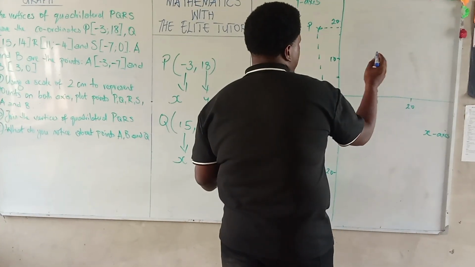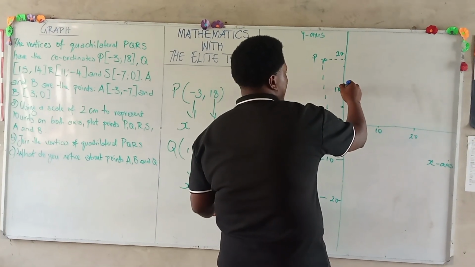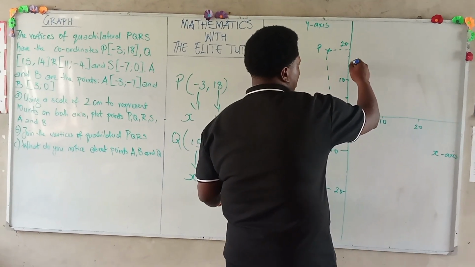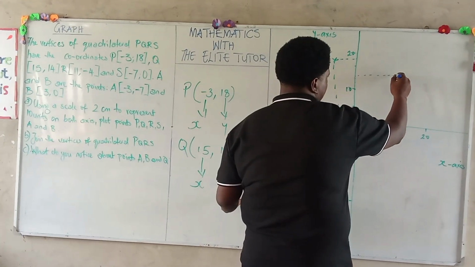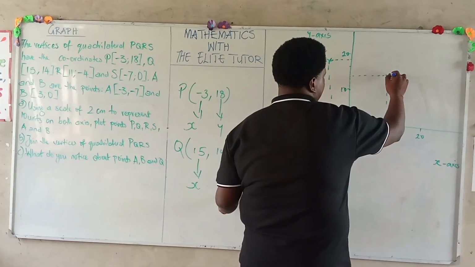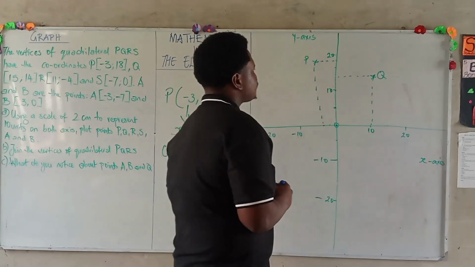We have 10, 11, 12, 13, 14. So let's say we're going to have 14 somewhere here. So we can go ahead to trace it. So we have this point here. We call this point Q.